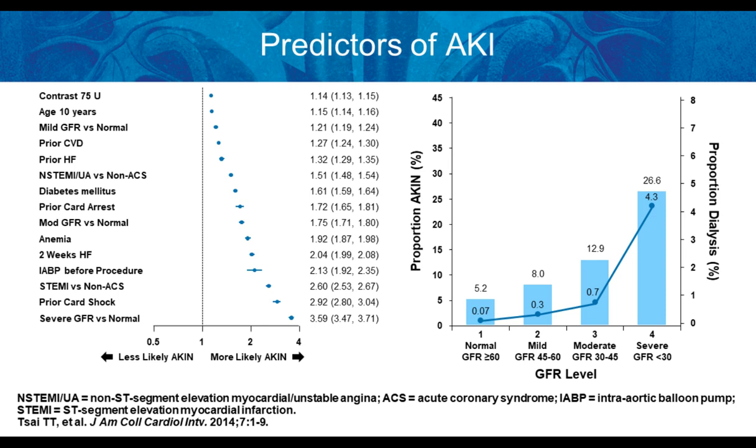Furthermore, the acuteness of the cardiac presentation, those presenting with STEMI or cardiogenic shock, were much more likely to develop acute kidney injury. By far the strongest predictor of acute kidney injury, however, was severe baseline impairment in the eGFR.